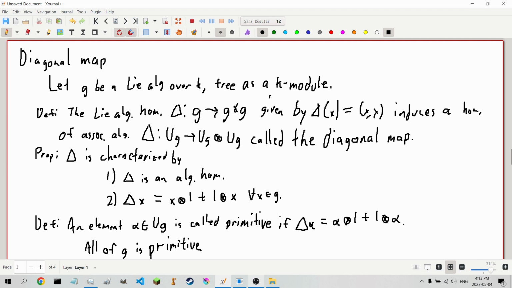given by, you may have seen the diagonal map before, it's just sending an element X to two copies of itself.